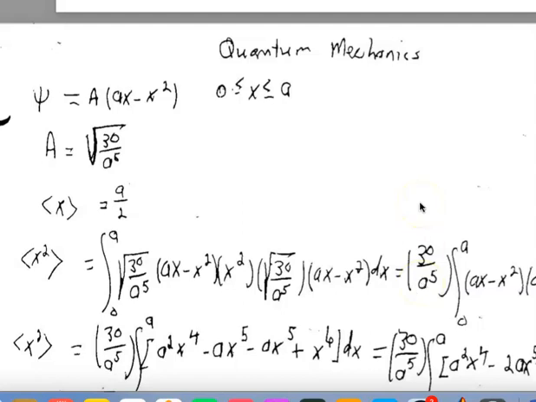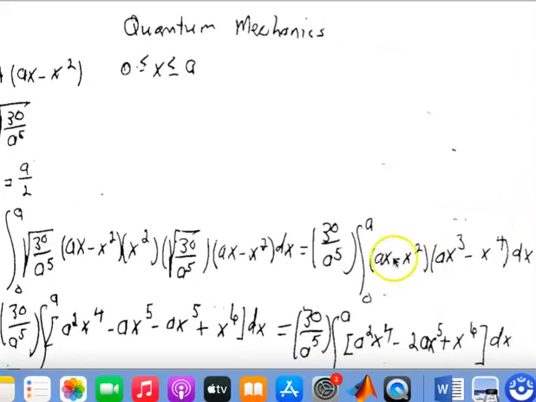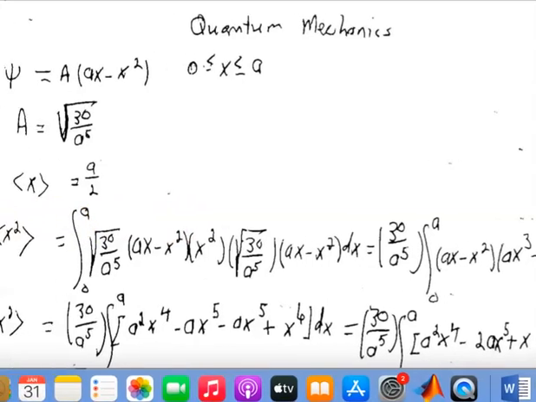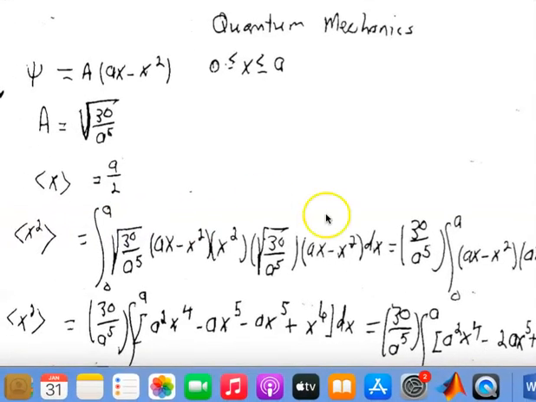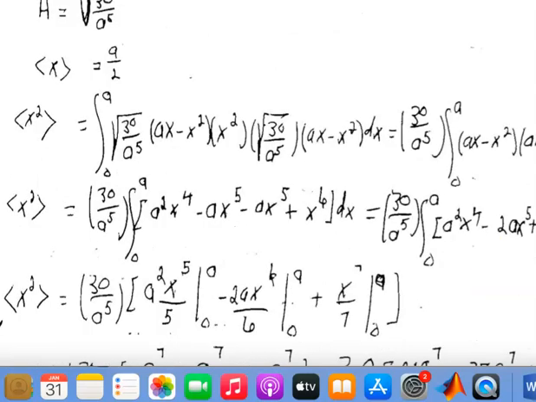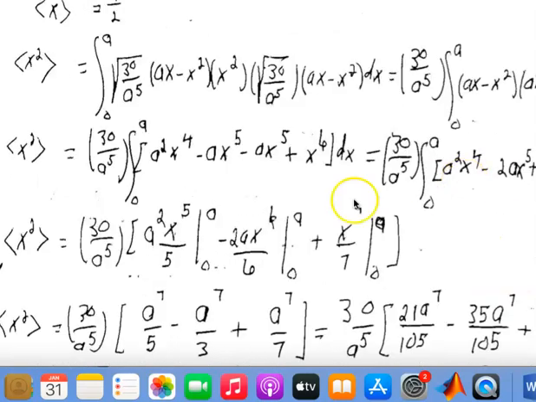Now use the rule once again. Let me bring this over here. So that's what you get. Then I use the rule once again, right here. And now this is the term to be integrated.